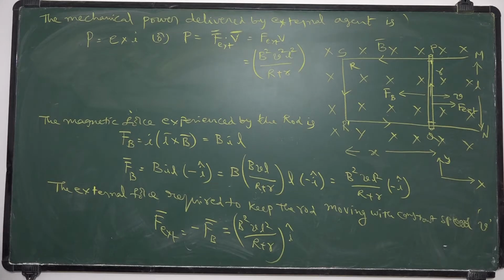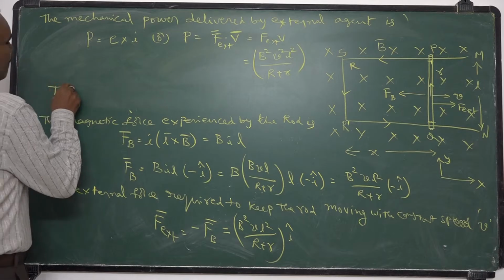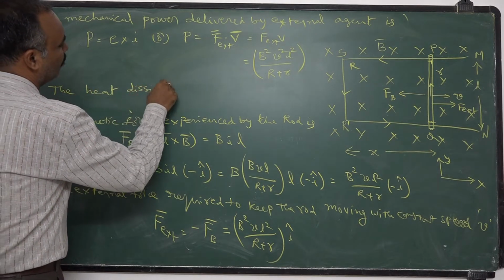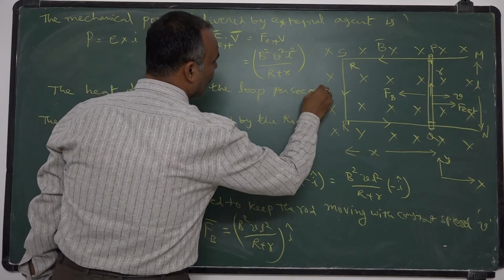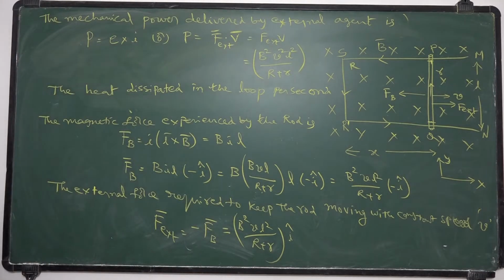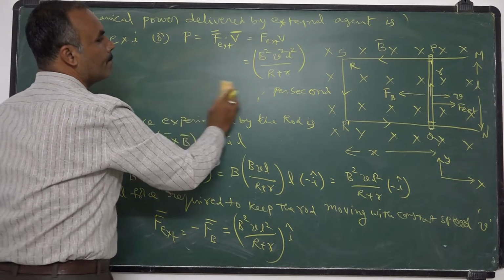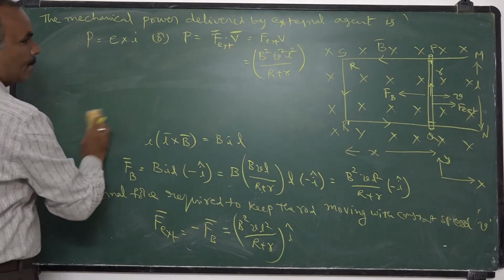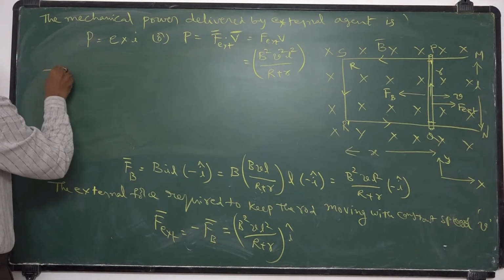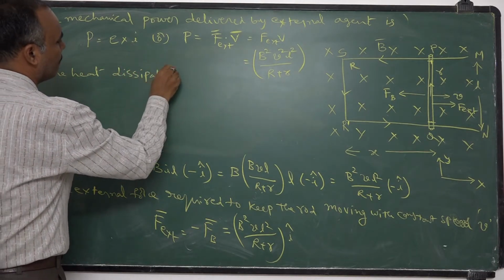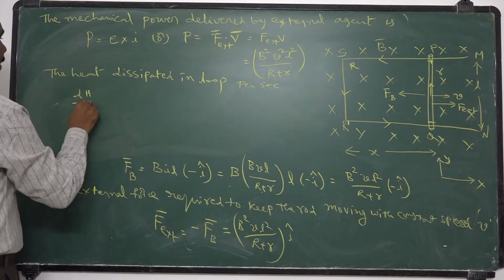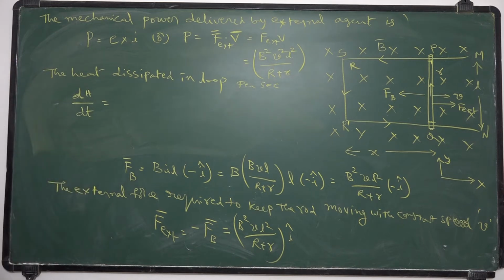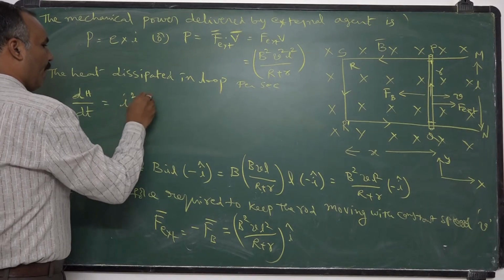Now, the heat dissipated in the loop per second is given by dH by dt, which is I square (R plus r).